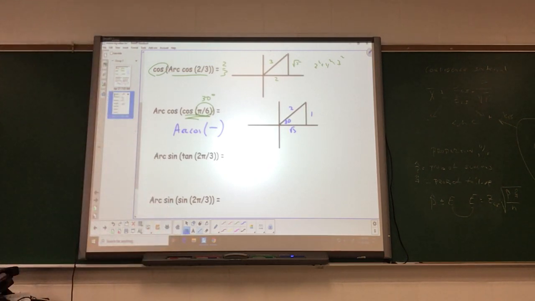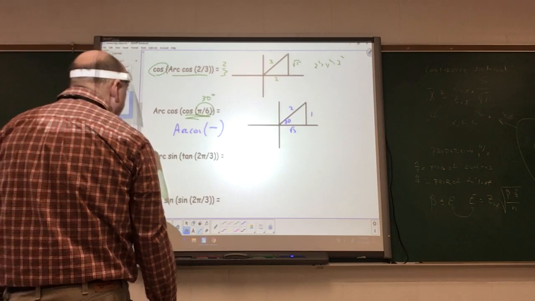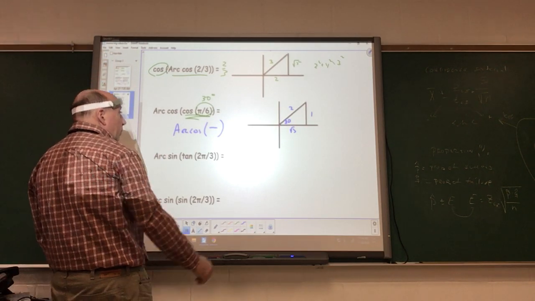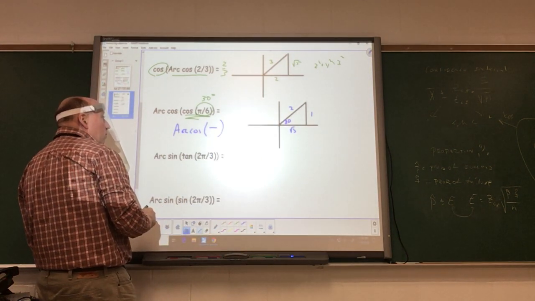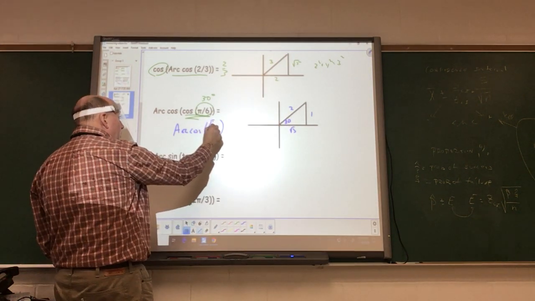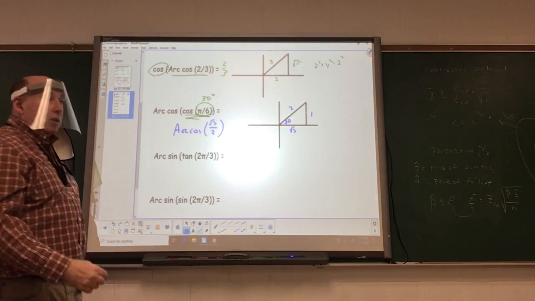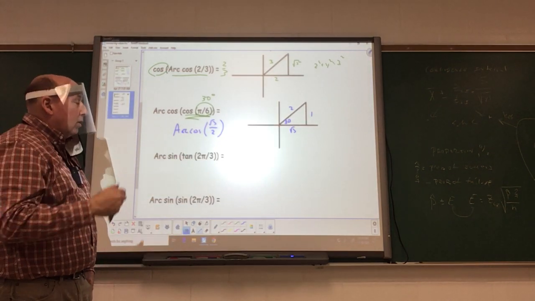If I look at my triangle, what's our cosine of pi over 6, Megan? What's the cosine of 30 degrees? So I can take the arc cosine on my calculator of square root of 3 over 2.